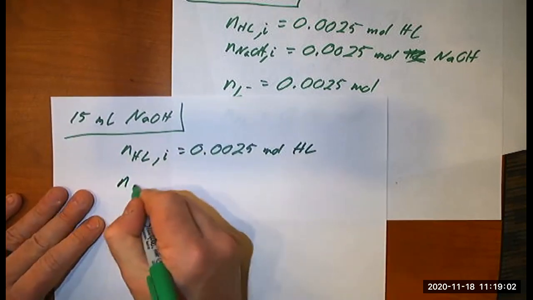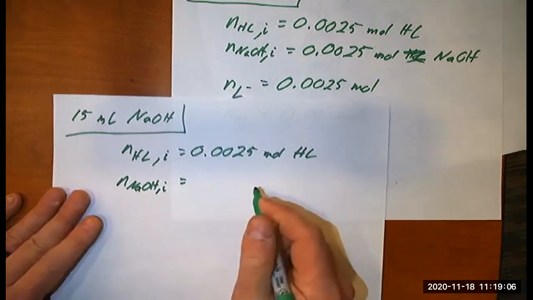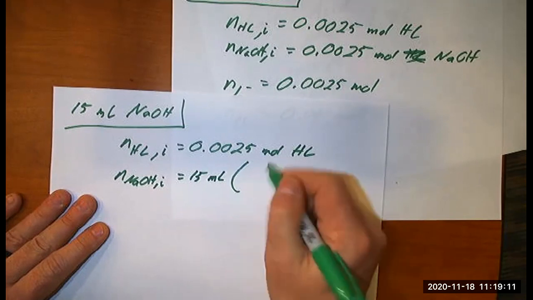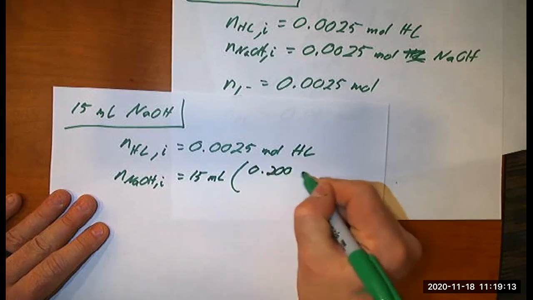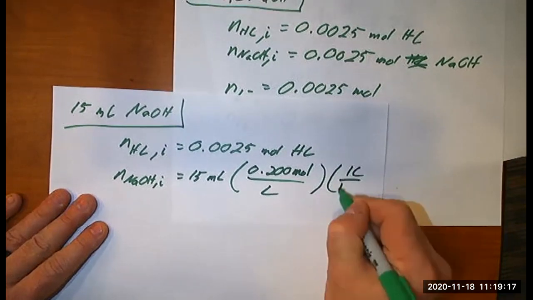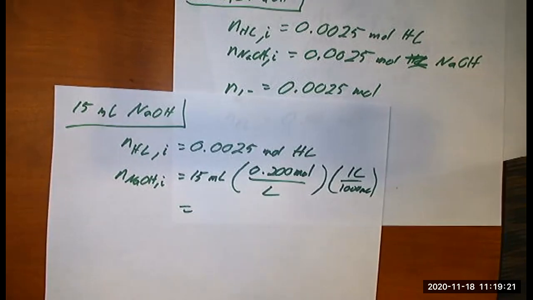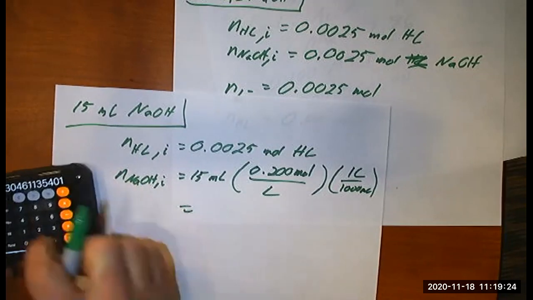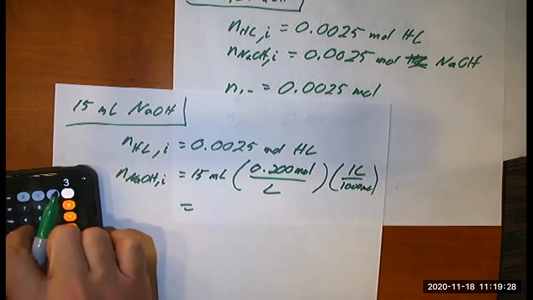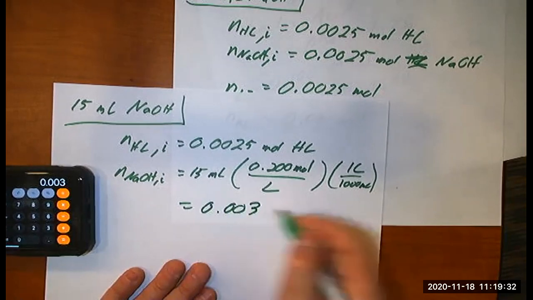The amount of sodium hydroxide we've added is going to be 15 mL times 0.200 moles per liter, with 1 liter being 1,000 milliliters. 15 times 0.2 divided by 1,000 is 0.003.